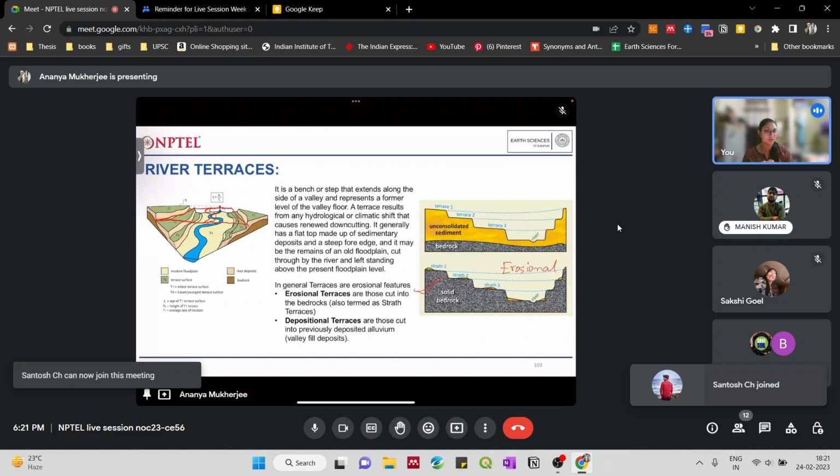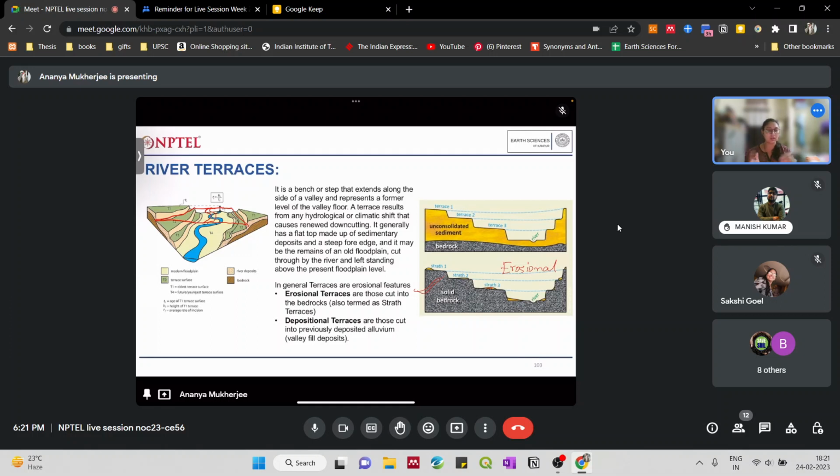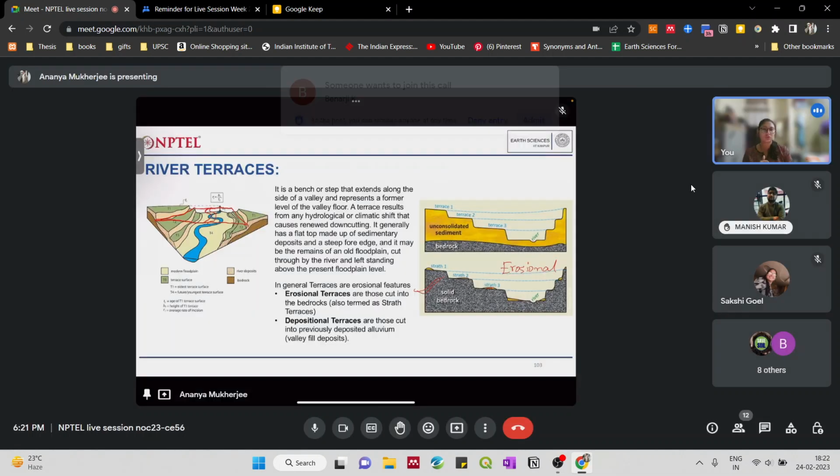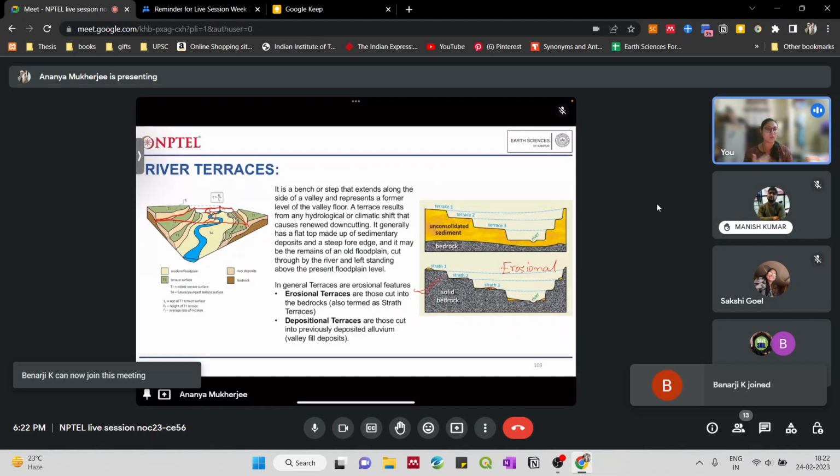Mostly where alluvium is more in quantity. Okay, and the erosional is where you have the bedrock in more proportion. Okay, so river terraces can give you an idea about what the present floodplain level is and what was historically present.